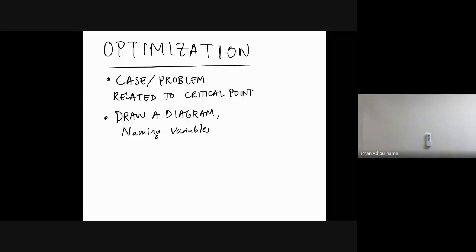It's basically the first part of the section. It's similar to related rates. You see the problem, maybe you draw it, like in your quiz, you draw the lighthouse, right? And then name the variables. You can name anything, A, B, X, Y.